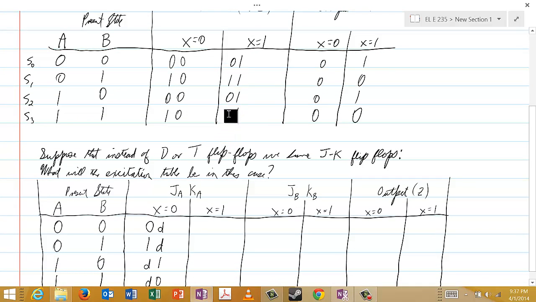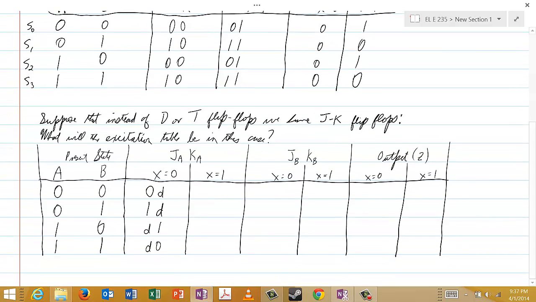Now you will rapidly notice that those numbers 0, 1, 0, 1 are exactly the same as we had over here, the first numbers in the pairs in the x equals 0 column. So we're going to get exactly the same answers: 0, D, 1, D, D, 1, and D, 0.